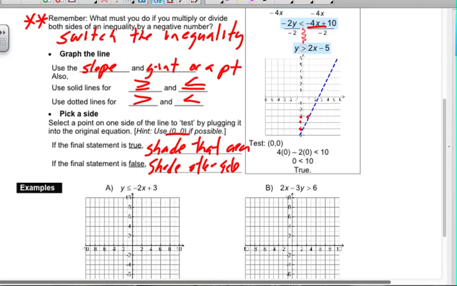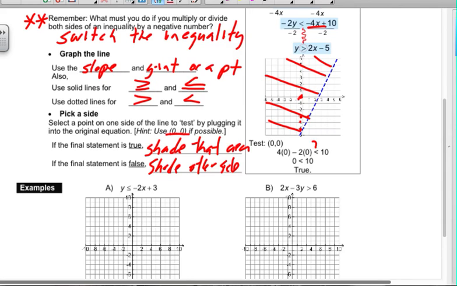They have it dashed. Okay? So now we pick 0, 0, because it's not on the line, and we plug it in. So 4 times 0 minus 2 times 0, is that less than 10? We get 0 is less than 10, it's true. So the side we shade in is going to be right there. And that's how you do this.